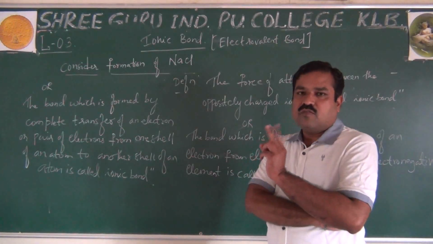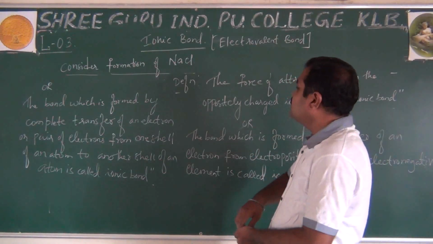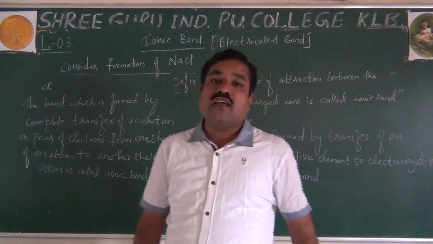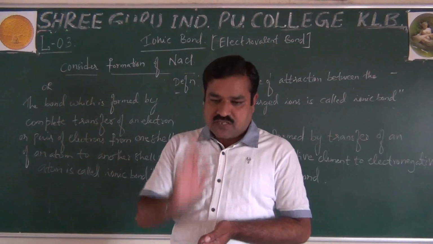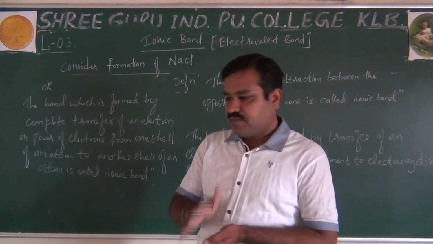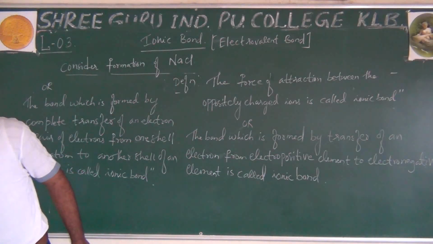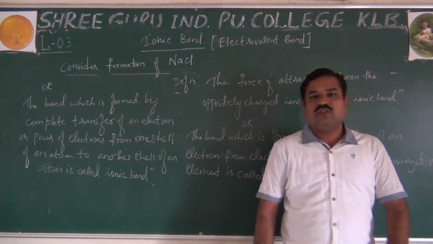You will get 2 marks, right? Okay, why is it also called electrovalent bond? Because it is formed by the force of attraction between oppositely charged ions, or electrostatic force of attraction between oppositely charged ions. That's why it is called electrovalent bond. Now with this background, I will take you to the next part, that is, what are the characteristics of ionic compounds.